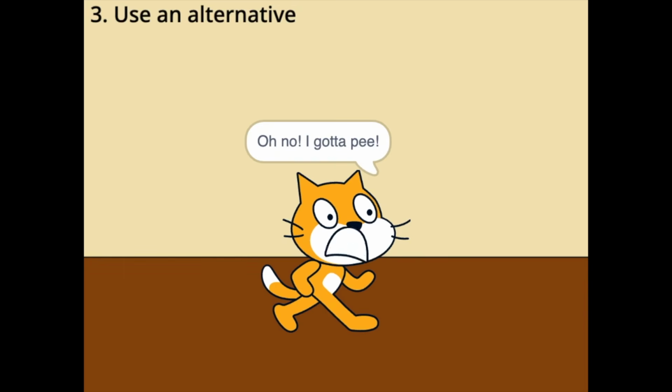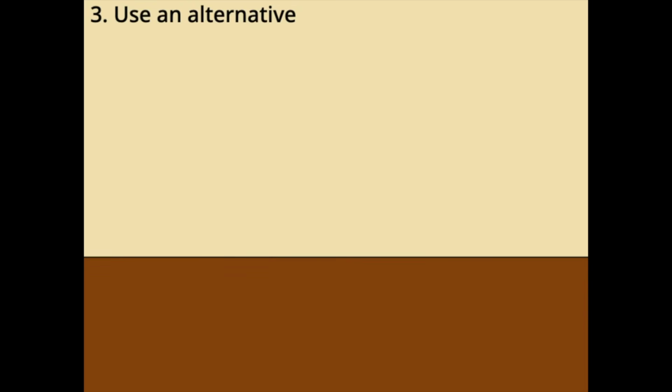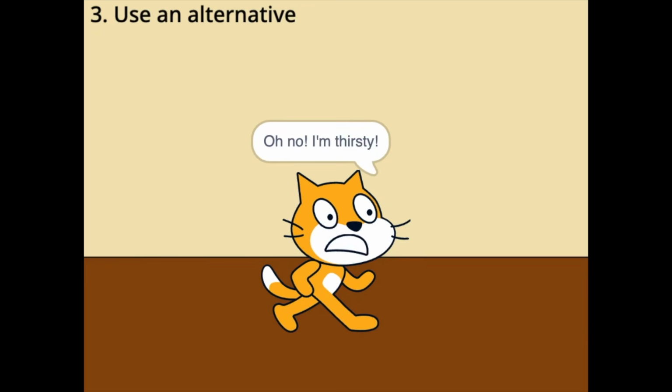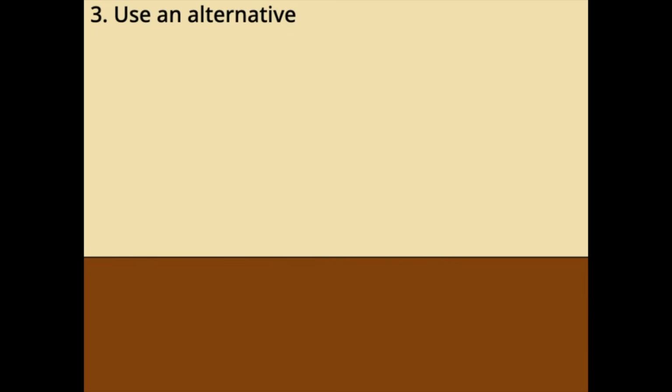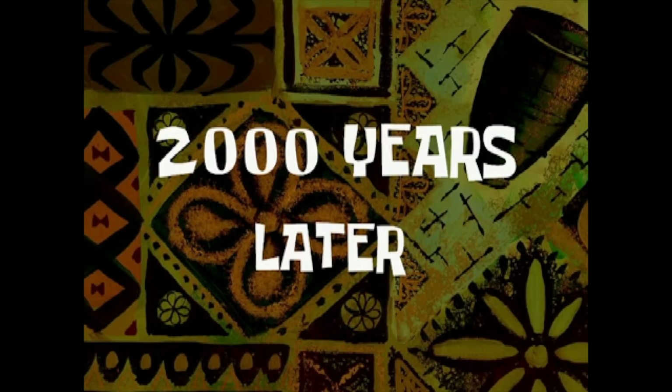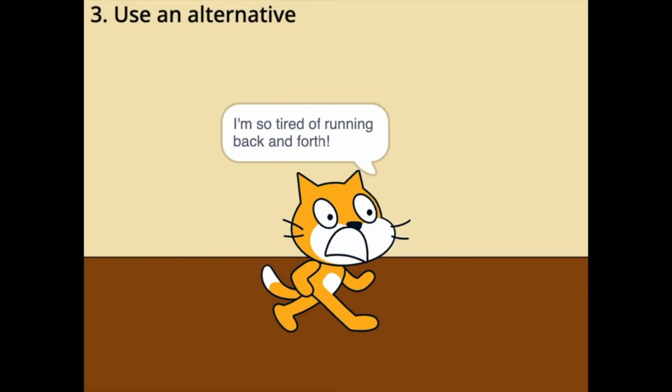Oh no. I gotta pee. Oh no. I'm thirsty. Oh no. I gotta pee. 2,000 years later. I'm so tired of running back and forth. Why can't I just drink and pee at the same time?